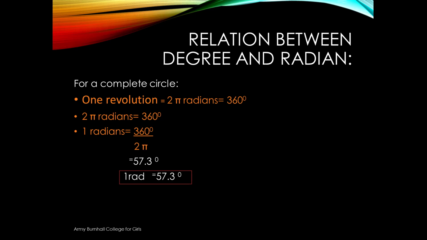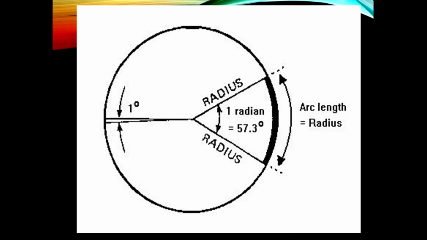Pi is a number having the value 3.14. So we can say that 1 radian is equal to 57.3 degrees. That is the relation between degrees and radians. That is the important relation: 1 radian is equal to 57.3 degrees. You can see here that radian is a bigger unit of measuring angle.